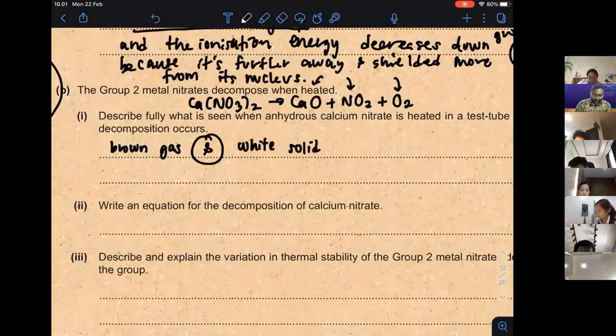You must mention white. Why? They want to test you about the group 2 oxides. They want you to know that group 2 oxides are always white. Now, write an equation for the decomposition of calcium nitrate. They ask you to write, so just write it down.